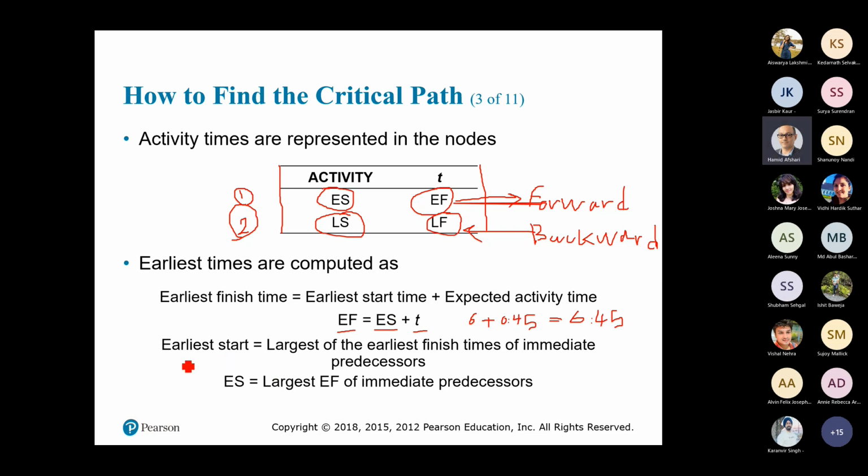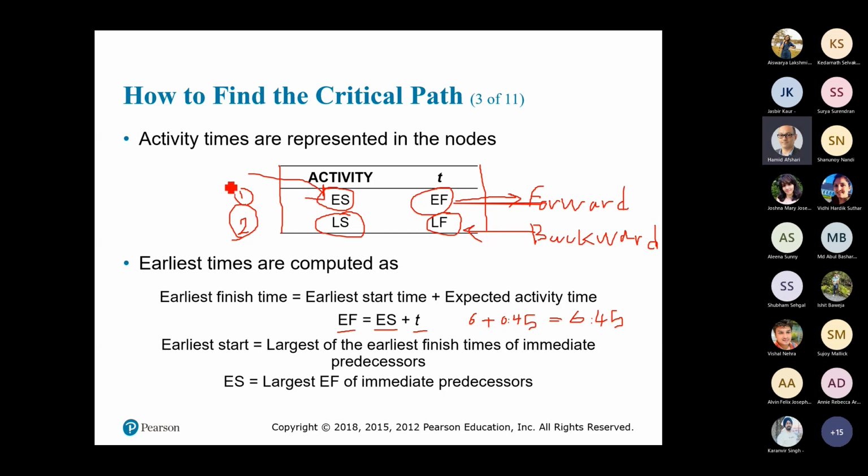However, somebody may ask, how can I calculate the earliest start? Earliest start is the largest of the earliest finish times of immediate predecessors. So to calculate this, I have to look at the previous activities.